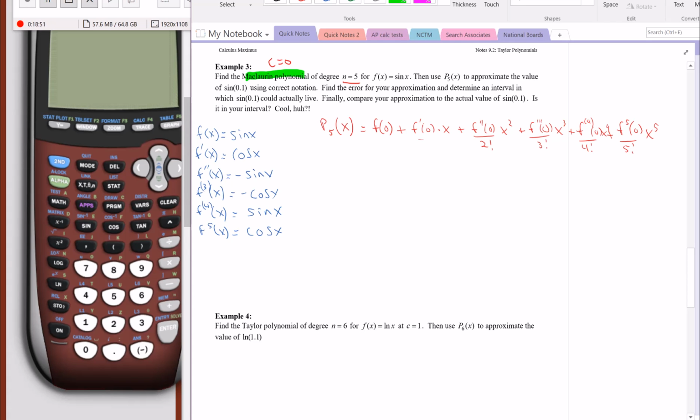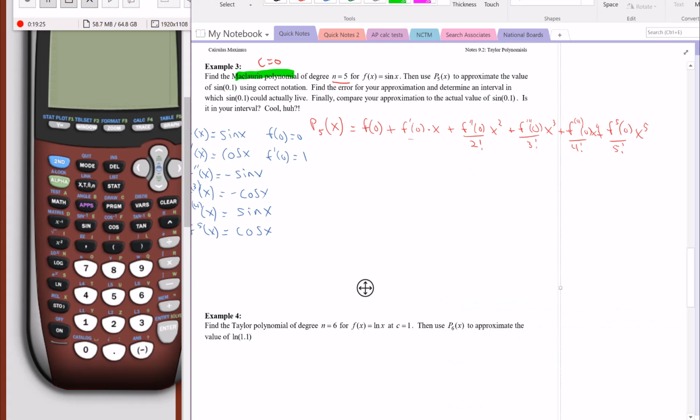We need to know f of 0, f prime of 0, so we need to evaluate these at 0, right? F of 0 is sine of 0, which is 0. F prime of 0 is cosine of 0, which is 1. This is negative sine of 0.